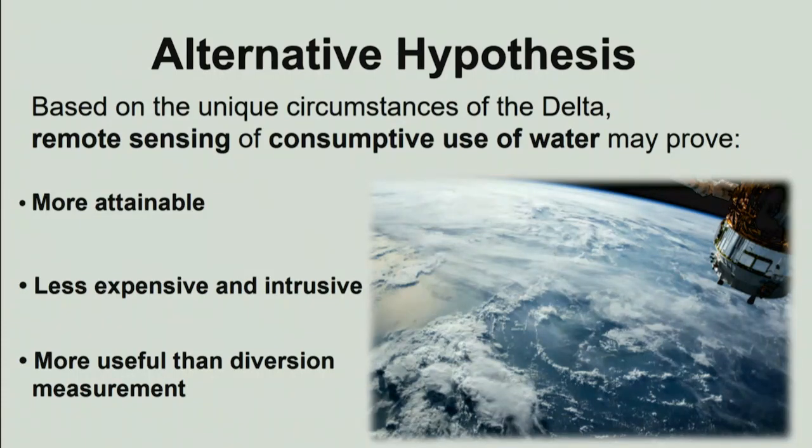So we didn't have a situation where anybody was taking more water than they would need, except accidentally or because they weren't sufficiently informed, or because they just took a little bit more. If they took a little bit more, it would come back fairly quickly. And so what we were trying to figure out is, how could we use the new technology of satellite imaging to determine how much water was actually being used in the Delta?